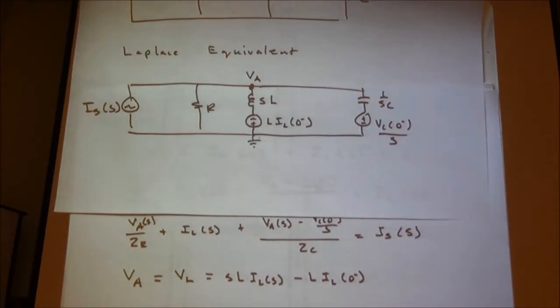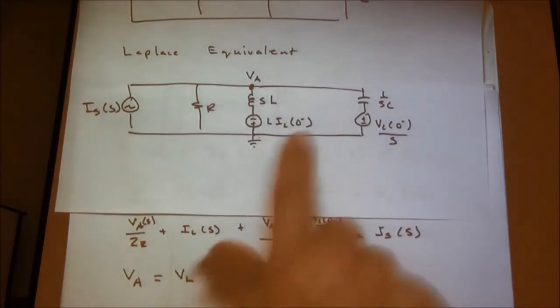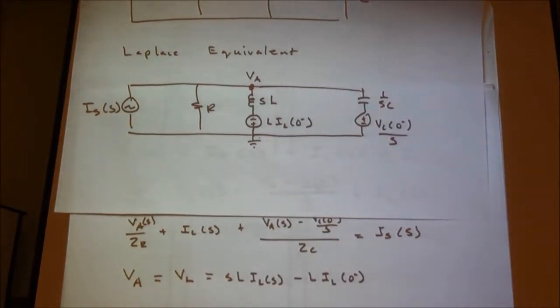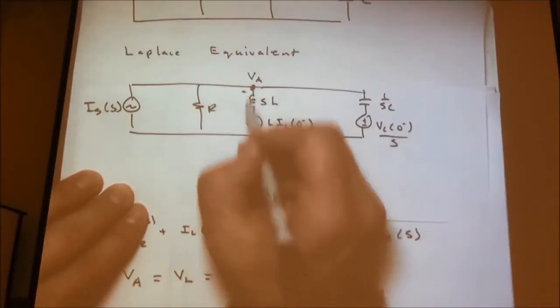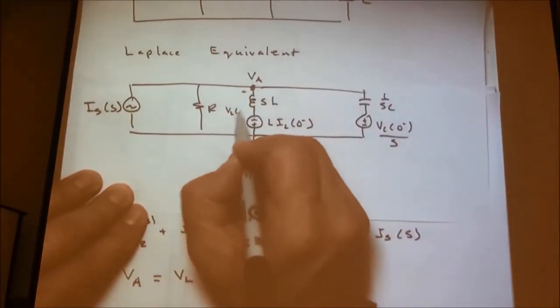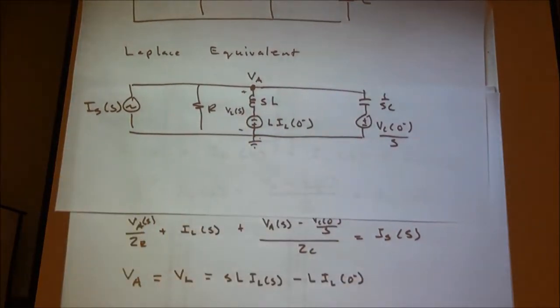So that's what we saw at the beginning of the class, right? That's the voltage across that inductor. The current times the impedance, in this case, because of our polarity, minus L I_L(0-). So remember the whole thing here, that's V_L(s).